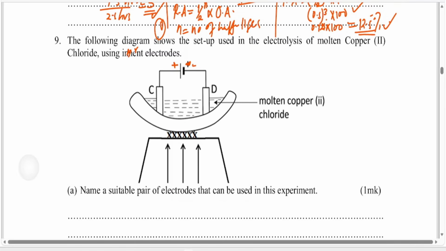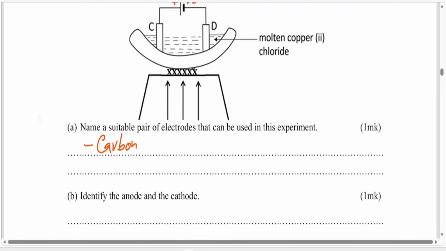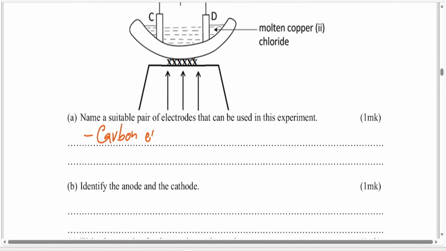The first question says, name a suitable pair of electrodes that can be used in this experiment. We have been told that they were using inert electrodes, and one of the inert electrodes that we use during electrolysis is carbon electrode or graphite. So we may use carbon electrodes.